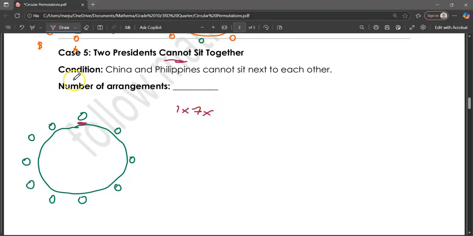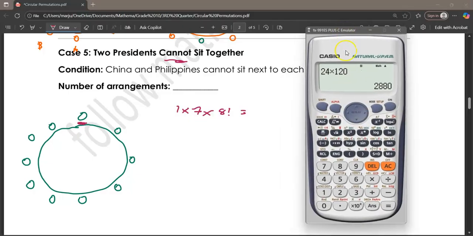And then what are we going to do next? The rest, we can just arrange in 8 factorial ways. So this will give us 1 times 7 times 8 factorial.